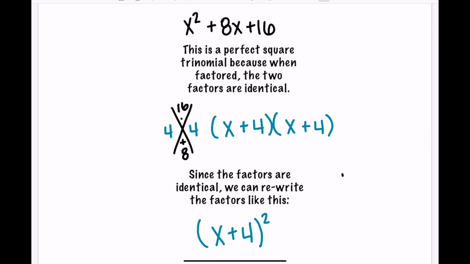Just one more example. If we have AB times AB, that is AB squared because it's something times itself. So since we can do that with x plus 4 times x plus 4, that means that this quadratic is a perfect square trinomial because it's written as a perfect square. It is an item squared.